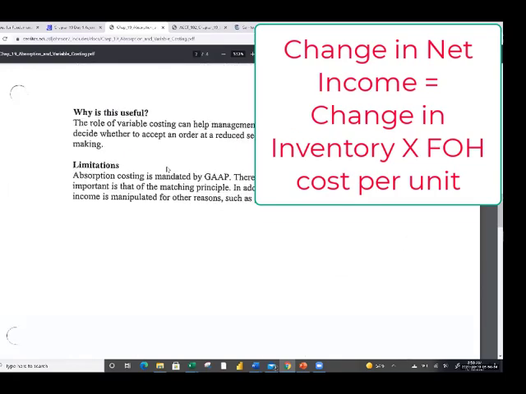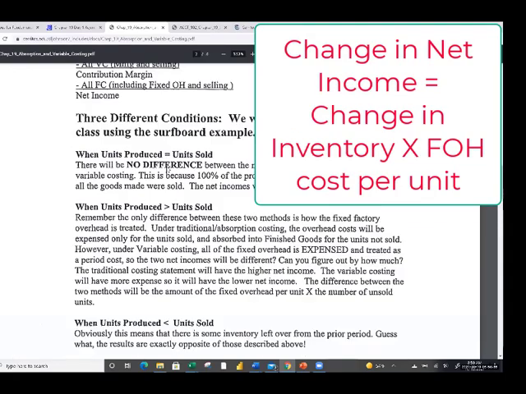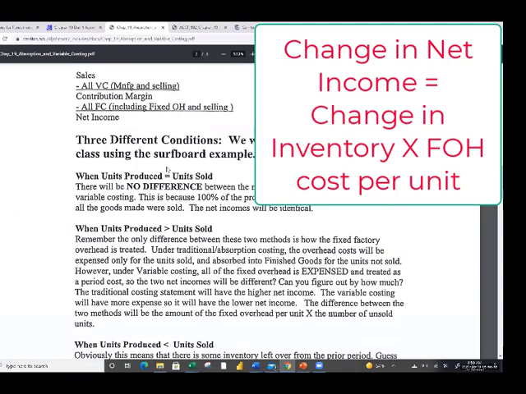Well, let's just go back to what we were talking about. The only difference between these two is how the fixed overhead is going to be expensed under direct costing. So using our little example, if we made 10,000, but we sold 8,000, the swing there is we have 2,000 units in inventory.